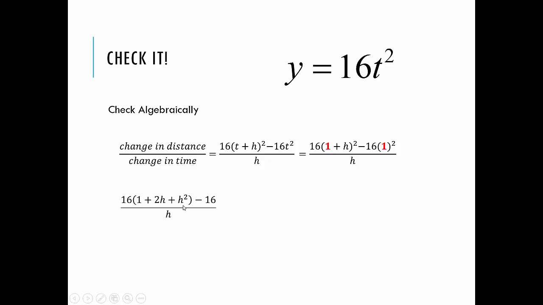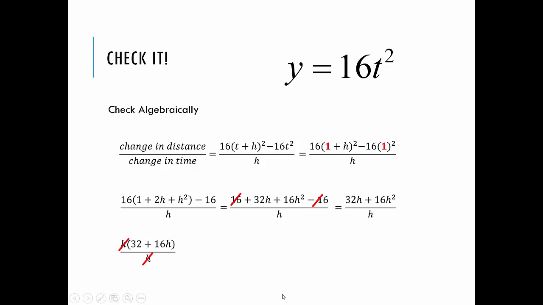That algebra is going to come back to haunt you, right? So that's just FOILed. I just multiplied 1 squared is 1, 16 times 1, I get 16. Now I'm going to distribute this 16 to everything inside the parentheses. And notice everything that is not in terms of h will cancel. And so now I have this piece here, which I can factor out an h.